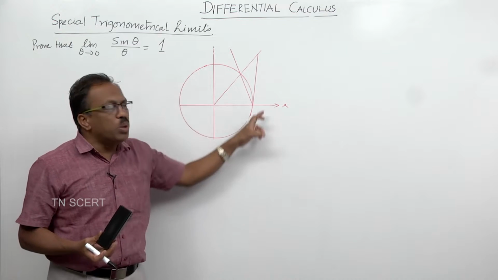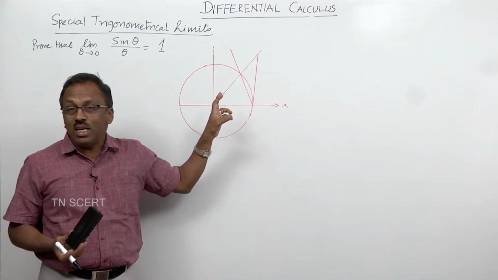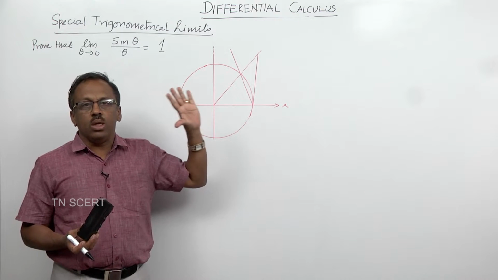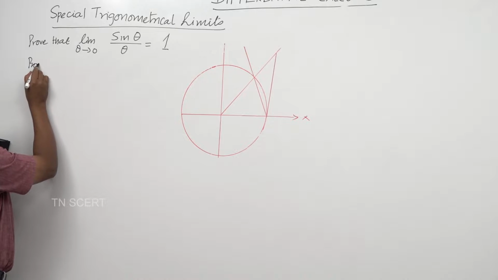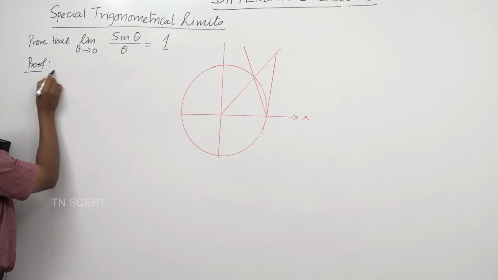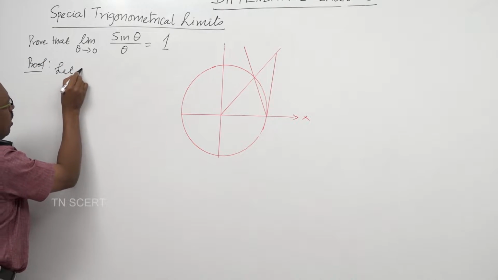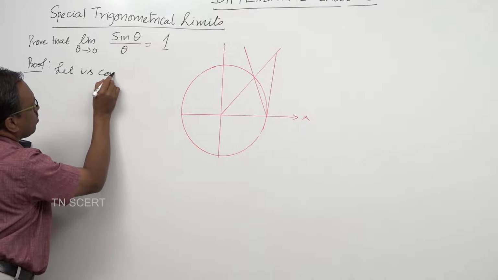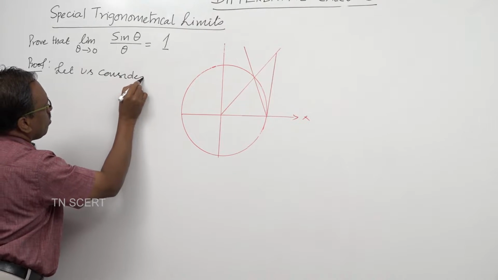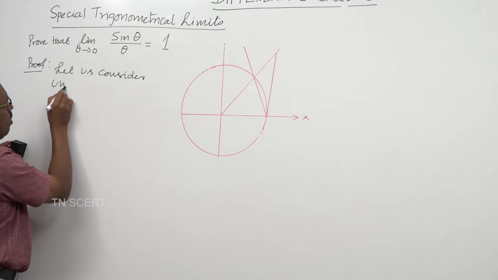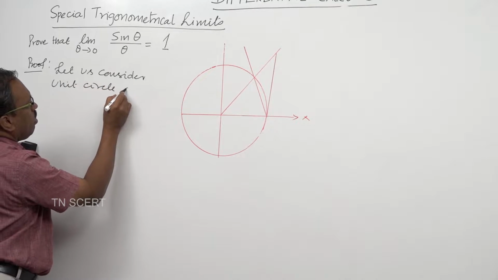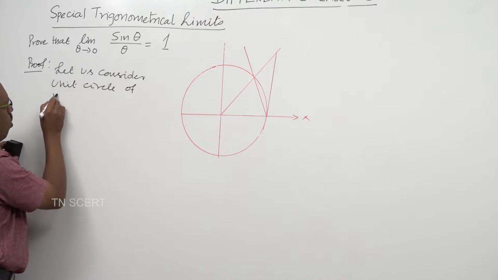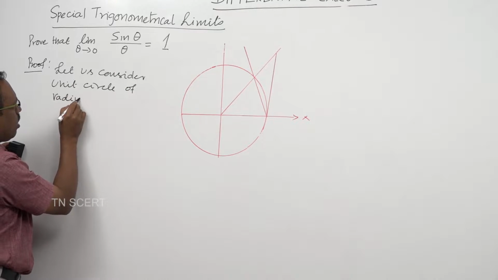So it is a unit circle. Let us consider a unit circle. The proof of this is, let us consider the unit circle of radius, you know it is 1.